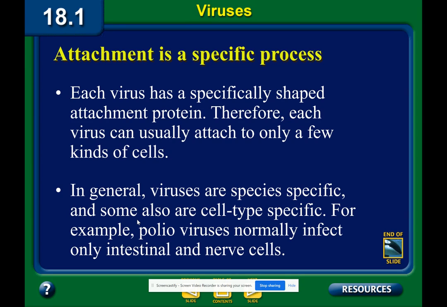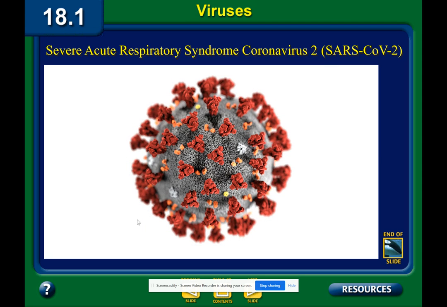There are other types of viruses that attack other types of cells, like maybe cells in your liver or cells in your lungs. And the list goes on and on. But the point is that they are very specific in what they attach to.